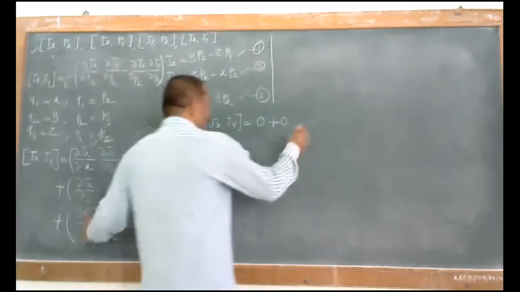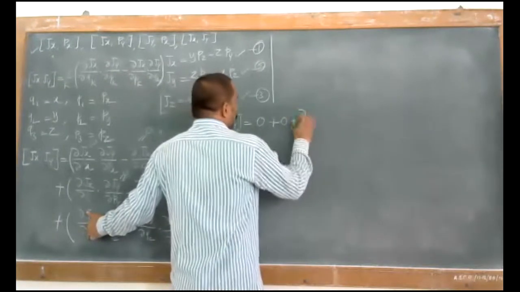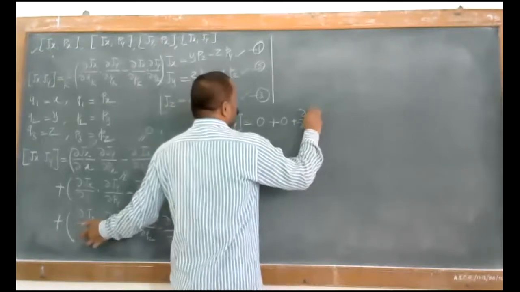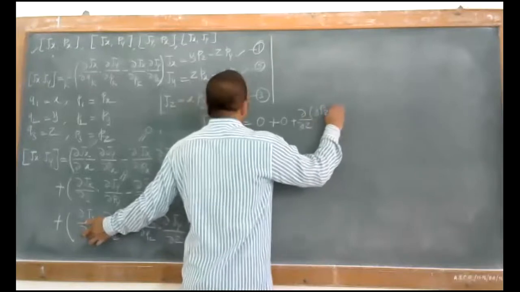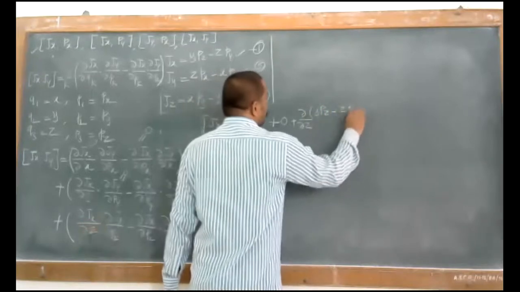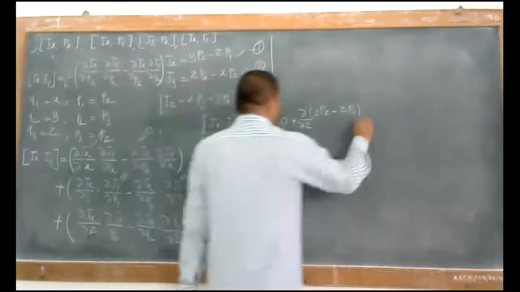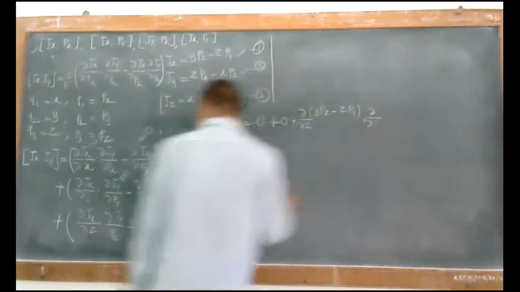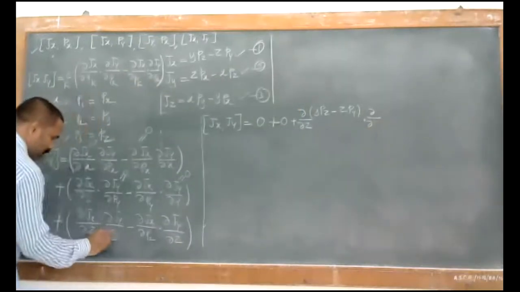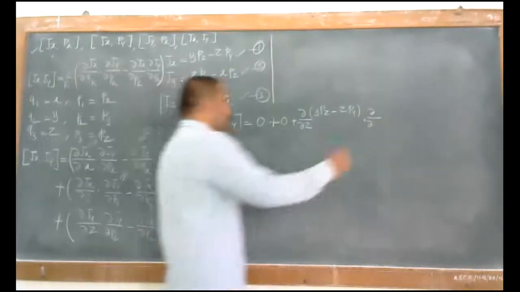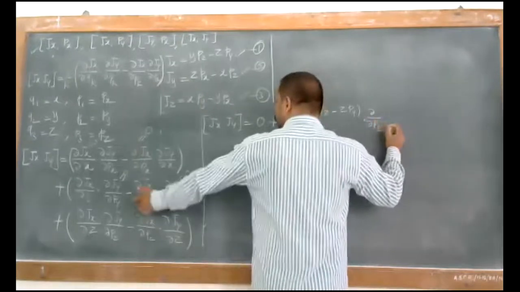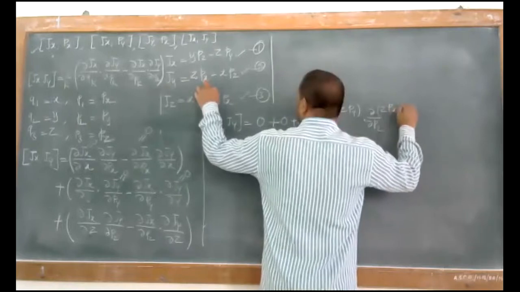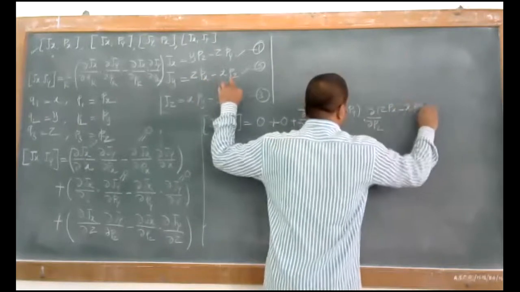Okay, so I'll write that plus ∂/∂z of this (y pz minus z py), first thing, into the second thing, that is ∂/∂pz of jy, and the value of jy is nothing but (z px minus x pz).